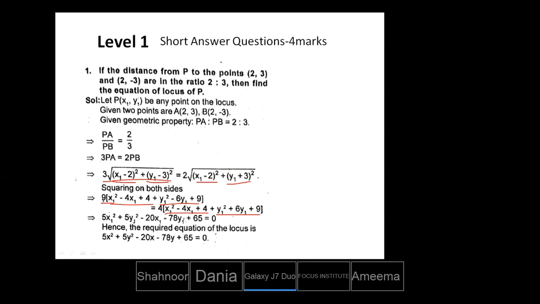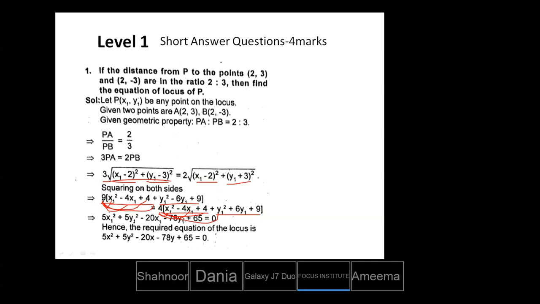Okay, now multiply this: 9x1 square minus 4, 9 4s are 36 x1 square. Just open this bracket, and on the right hand side also you have to open it by multiplying inside. 4 4s are 16, 4 4s are 16, 4 into y1 square will be 4y1 square.